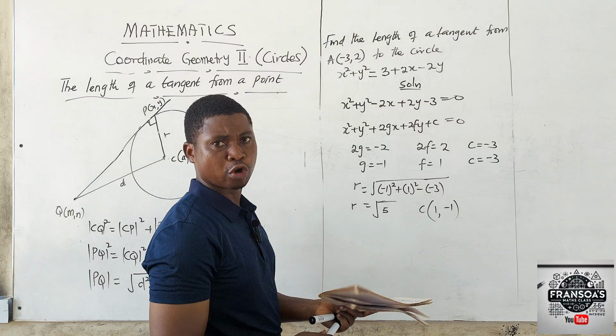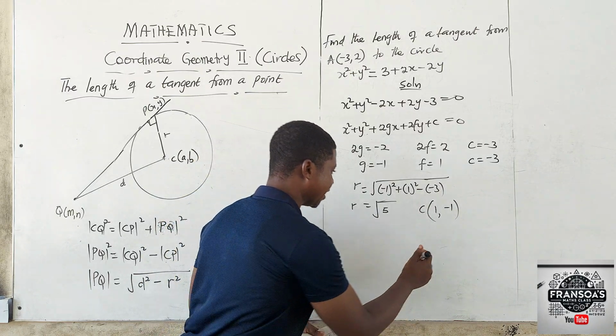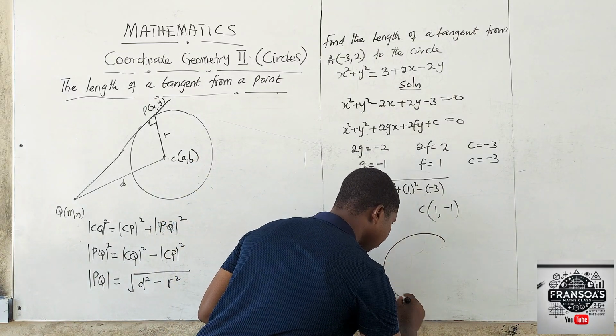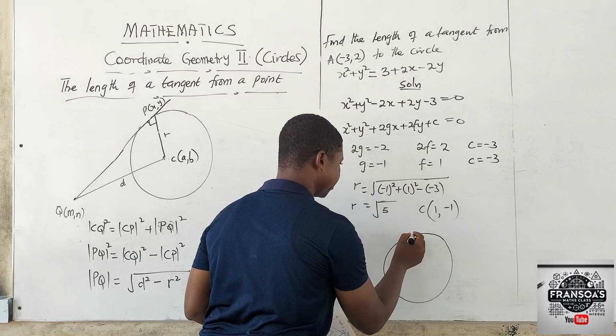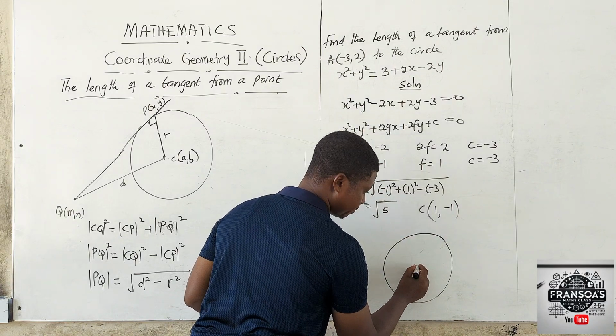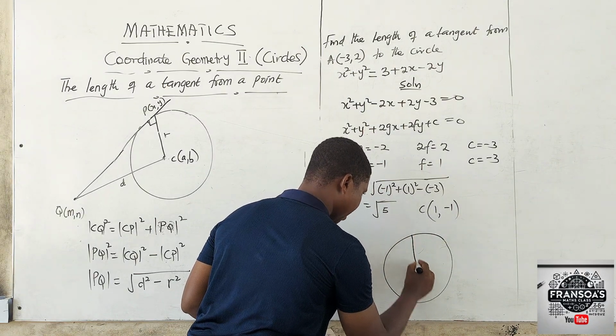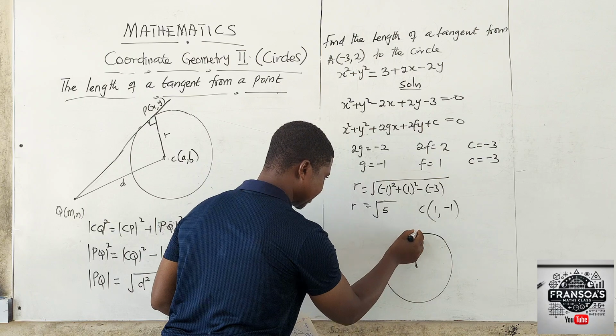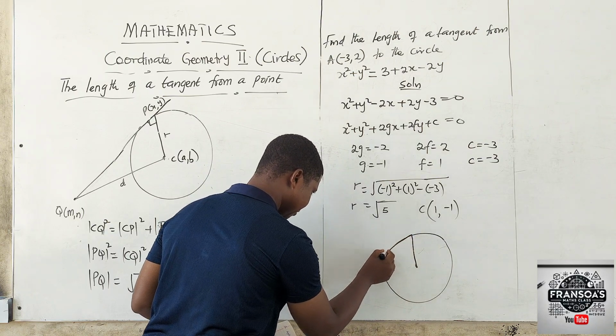First, let's draw that and see how it's going to look. When you draw it, we have our circle with our center here. We have our radius, and this is our tangent.